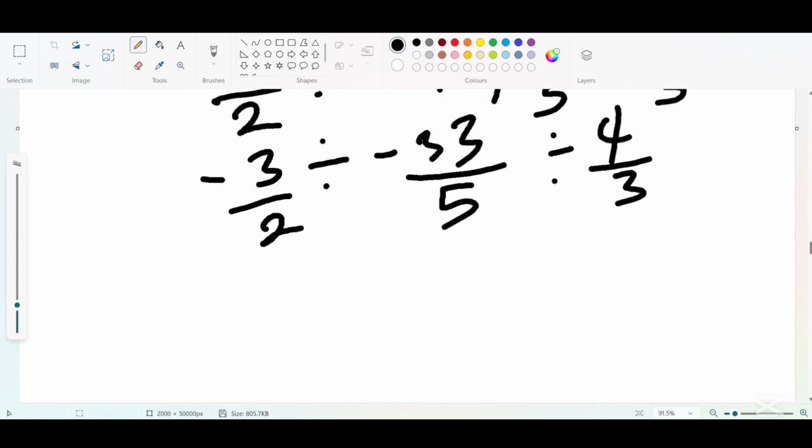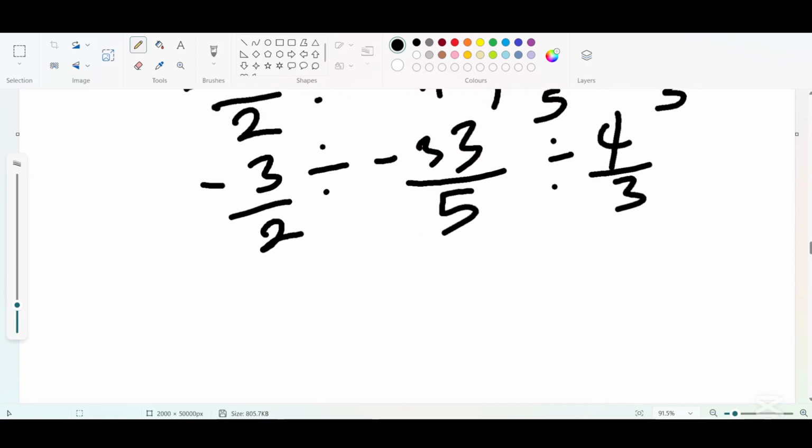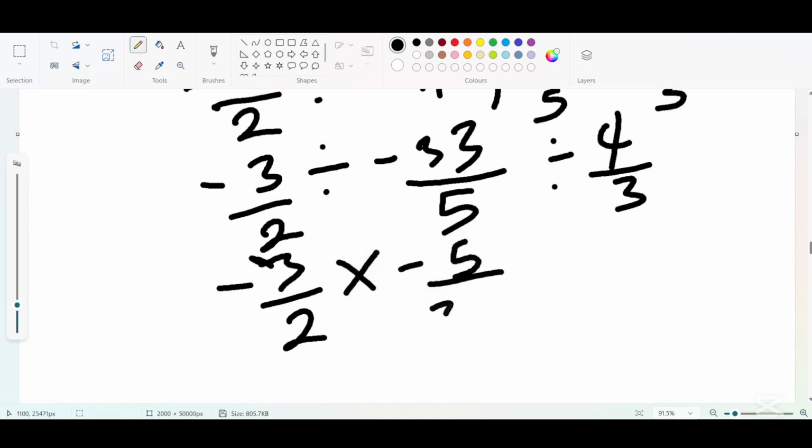What is now left here is to convert the division to multiplication. So it's going to be minus 3 all over 2 multiplied, the division will be converted to multiplication, so that will be times minus 5 all over 33, then times 3 all over 4.